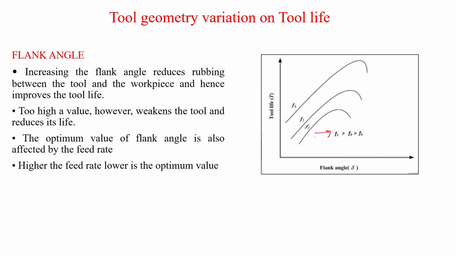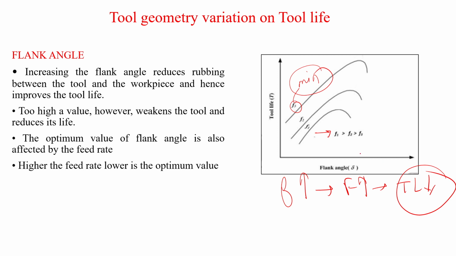For the lesser feed you will have more tool life, because if you have more feed, then the chip load will increase, so more force will be generated, and tool life will decrease. So F3 has the minimum value of feed, which has the highest tool life. So if feed is more, then tool force will increase, leading to decreased tool life. So out of these three, the feed having the lowest value will have the maximum tool life. Okay, fine.